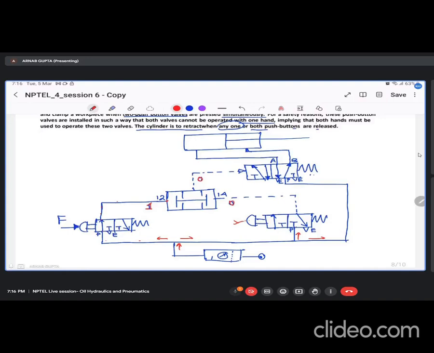Hence there is no flow of air in this particular line. Then air is also flowing through this line, P to B and from here. So it is pushing the piston here, and the air on this side is flowing out through A to the exhaust line. So this is the retraction stroke.